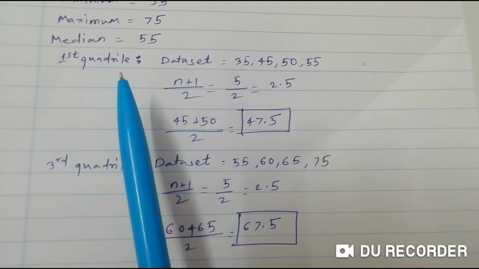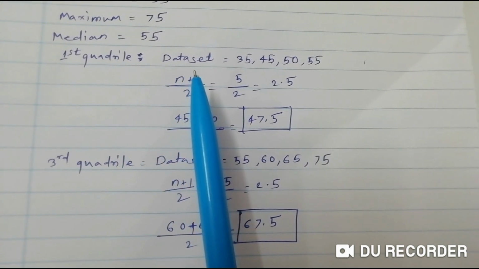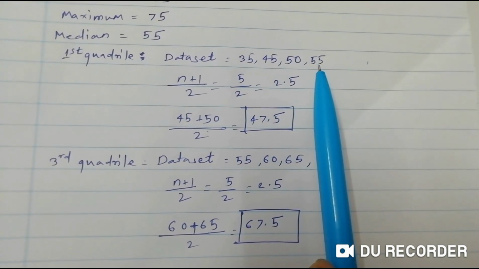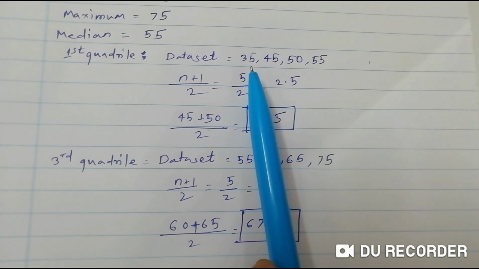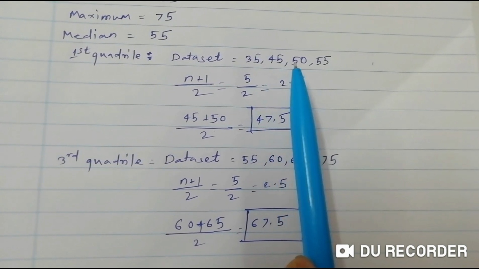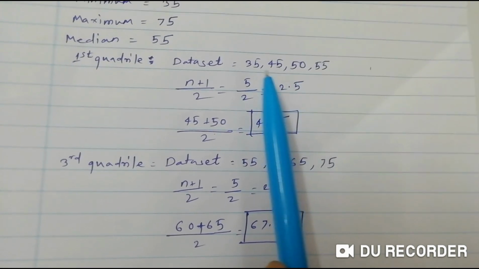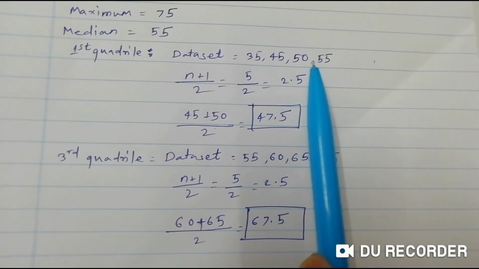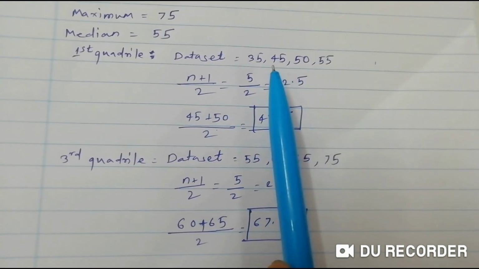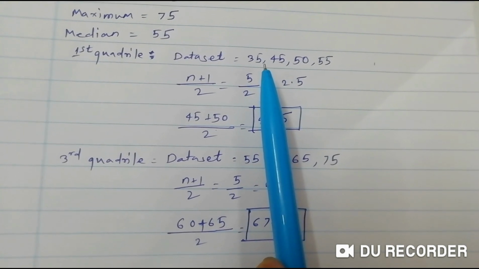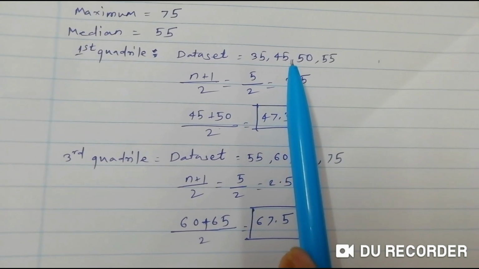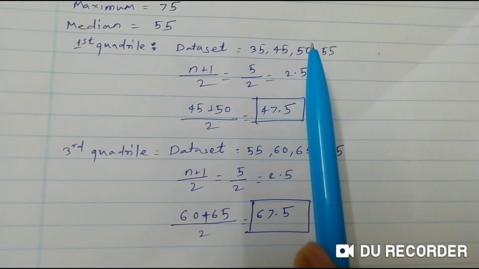First quartile: we are dividing our data set. Now we have taken only 4 values from the minimum up to the median. 35 is our minimum value and 55 is our median value. In between those two values also we have considered. So now we have 4 elements in our data set, and we have to calculate the median of these 4 values. The number of elements is even, so we have to find the middle position of this data set.